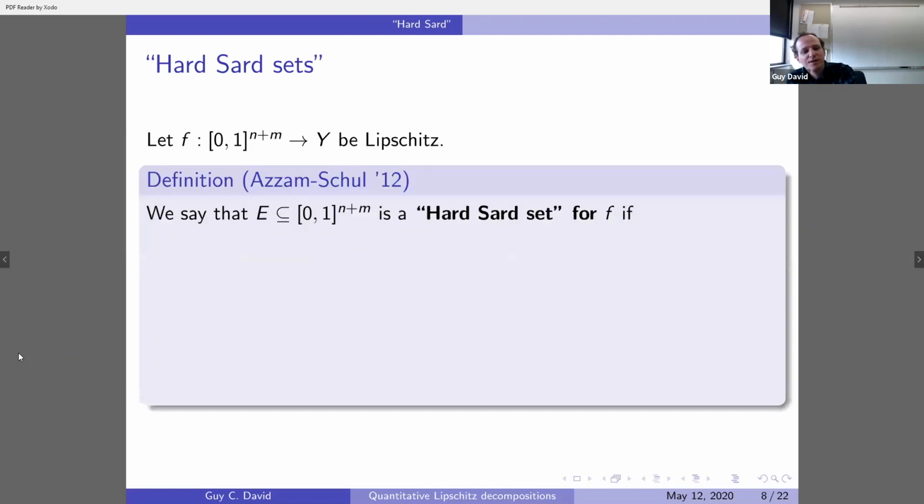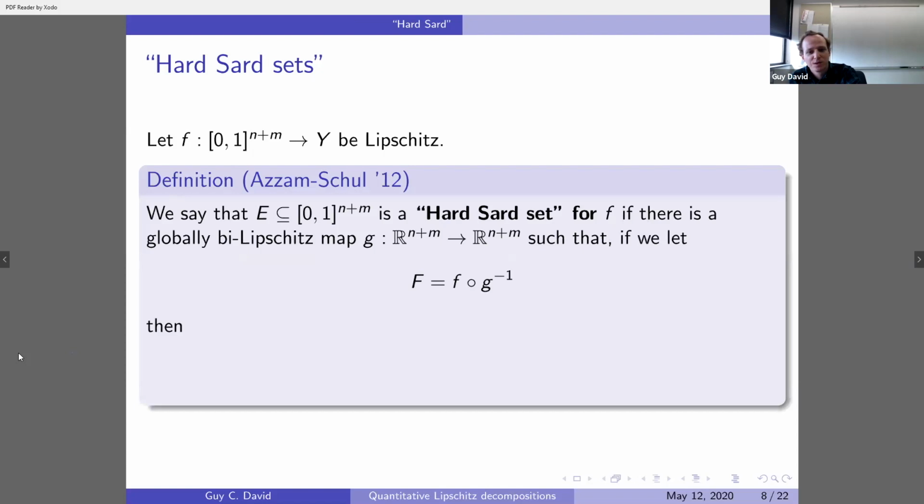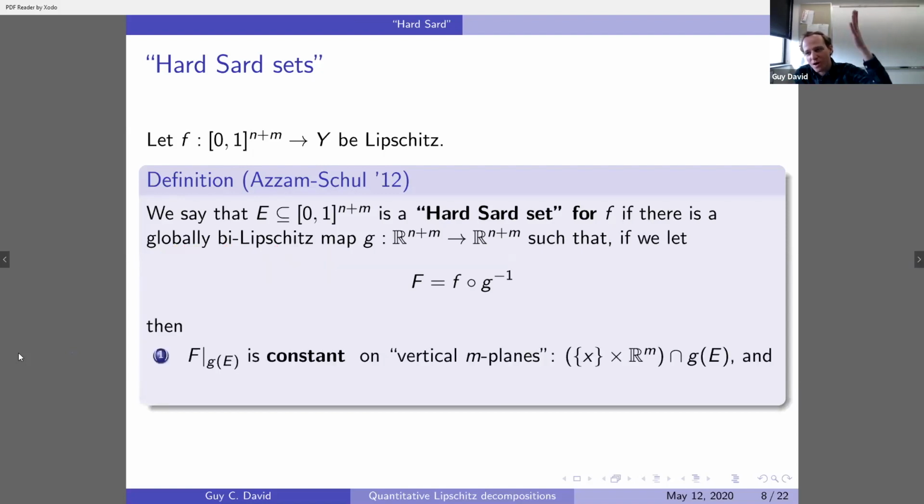Okay. So you have a Lipschitz map. A subset of the domain is a Hardside set for this mapping if there's a globally bi-Lipschitz map, this is the change of coordinates, this is G. So you have a globally bi-Lipschitz change of coordinates on R^(n+m), so that if you adjust your mapping by this change of coordinates, if you precompose your mapping by G inverse, then the new mapping, capital F, is constant on vertical planes, at least inside the set, right?